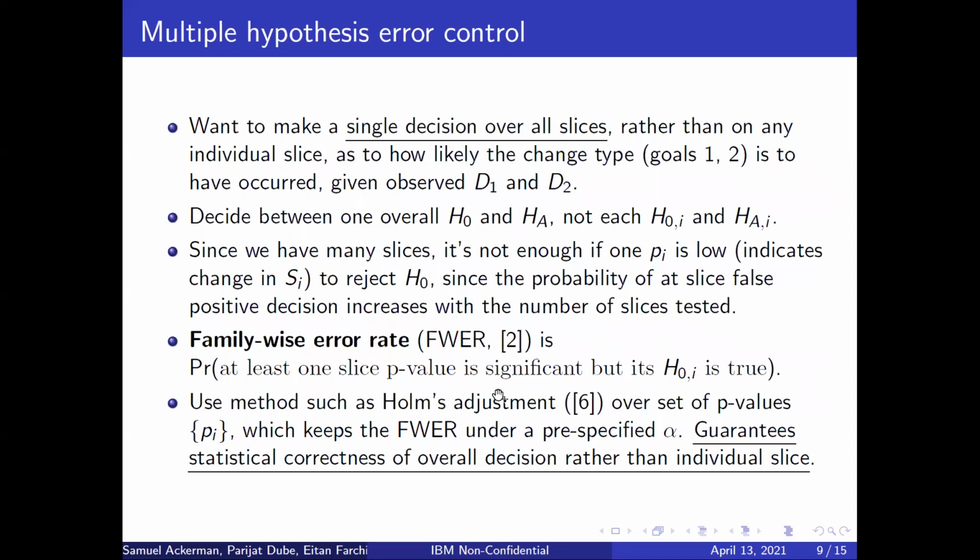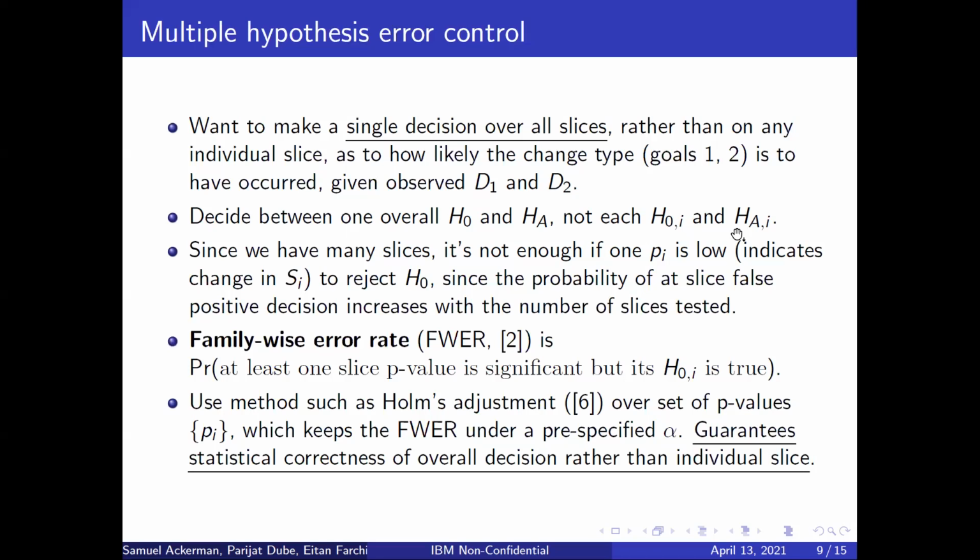The thing is that for our method, we want to detect overall change between the data sets and not individually on the slices. So we'll aggregate the hypothesis test results over all the slices. So we have an overall null and an alternative, H0 and HA, not the individual slice ones.